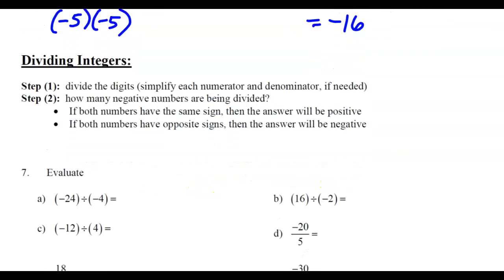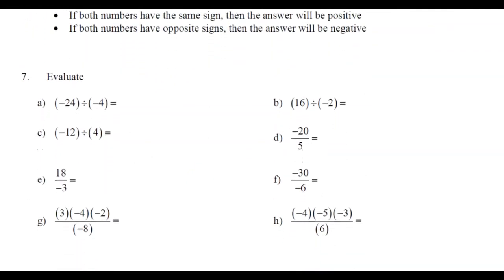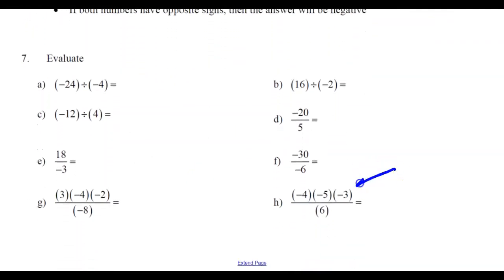But sometimes you might have more than one. I think I put a couple in there, like this, where there's more than one factor in the numerator. So that's when you use the same process as your multiplication. Odd number of negatives, answer is negative. So here, I just look at 24 divided by 4. Well, that's 6.